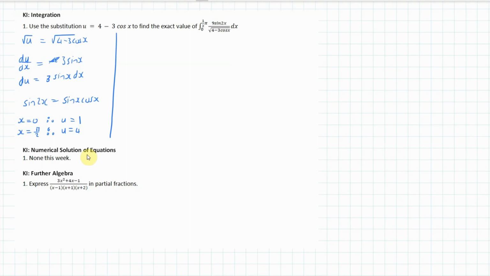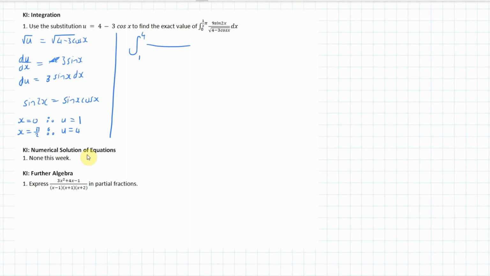Now, what can I do next? I guess I'll take stock of where I'm at the moment. So I can do this. I've got my lower limit is 1, my upper limit is 4.